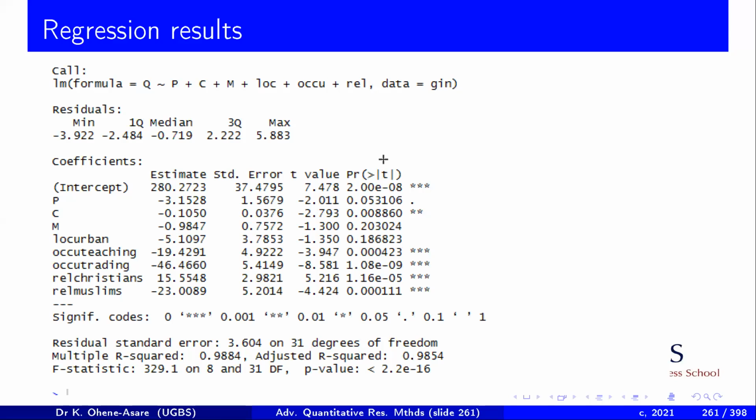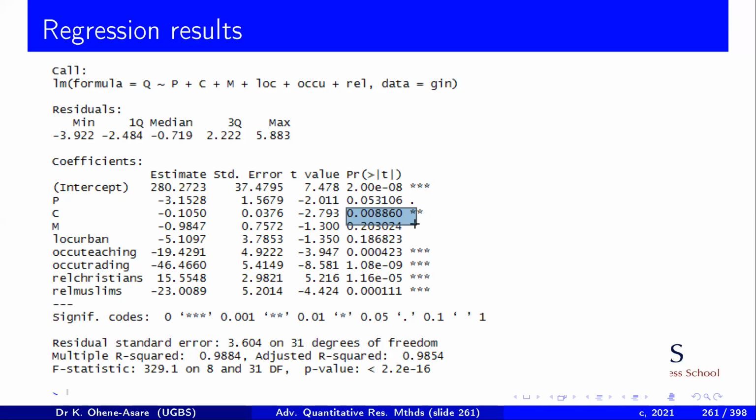When you look at that p-value, you will see the number there. What number is this? 0.00886. If you correct it to 3 decimals, it will be 0.009.